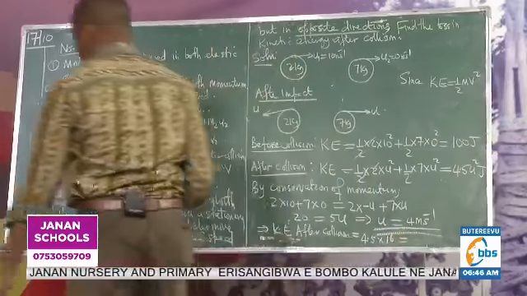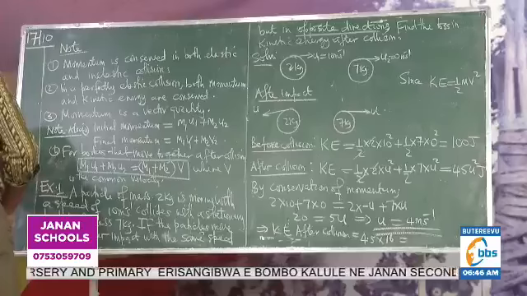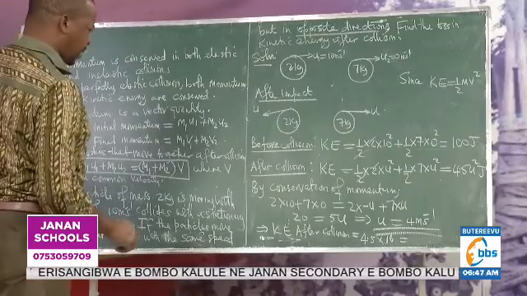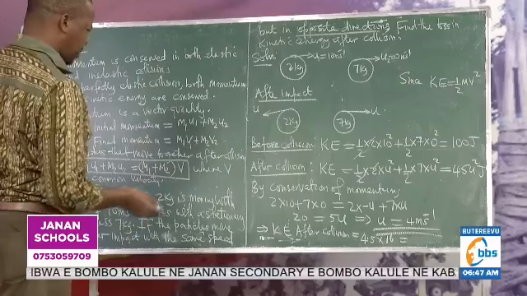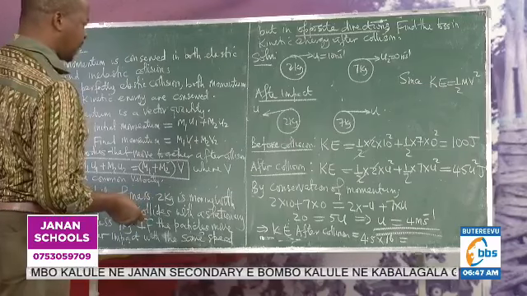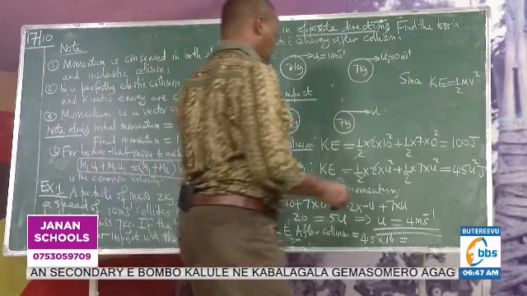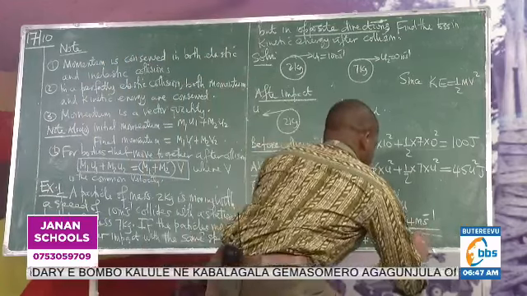When we compute this, 4 times 16 is 64, and we add on 8. That will give us 72 joules.